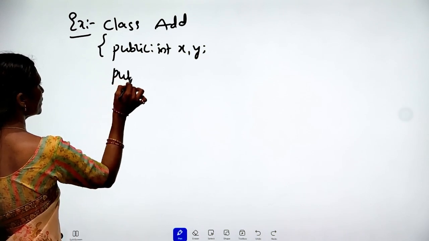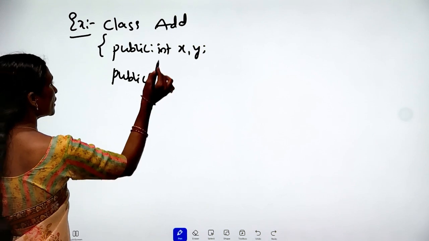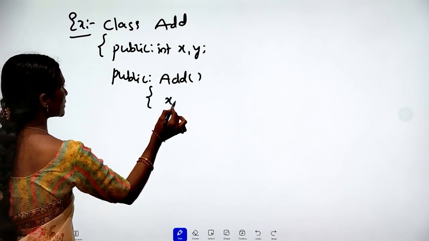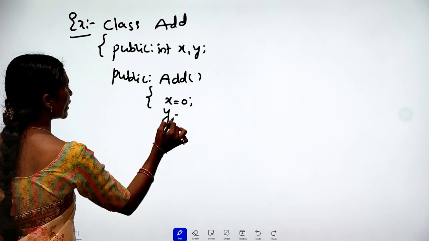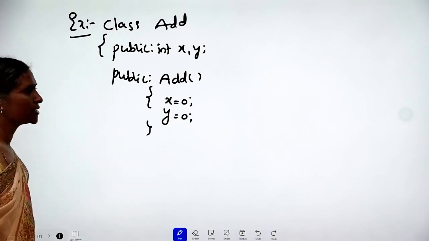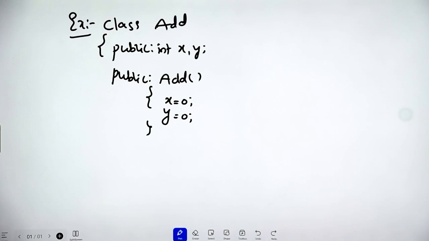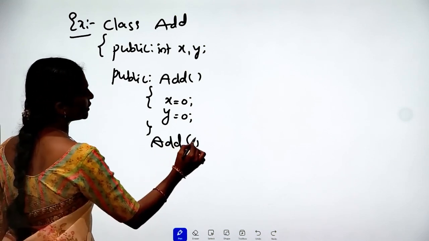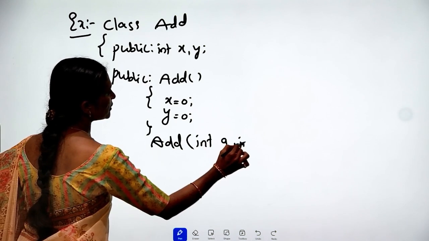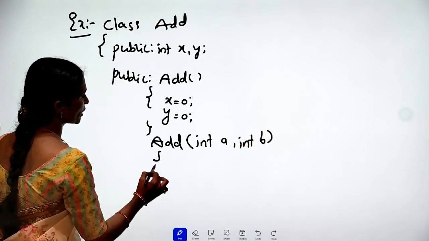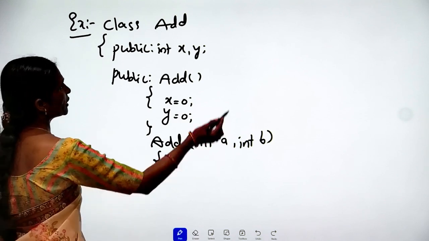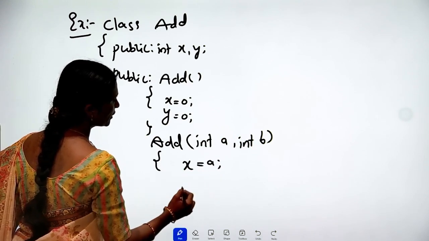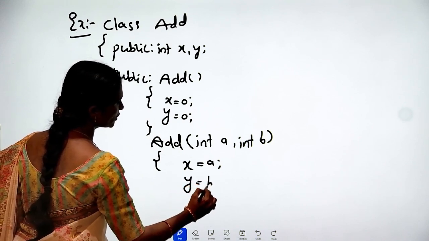In the default constructor, we are initializing x equal to 0 and y equal to 0. Then the constructor with parameters has int a and int b. The value a is stored in x and the value b is stored in y, so x is assigned a and y is assigned b.